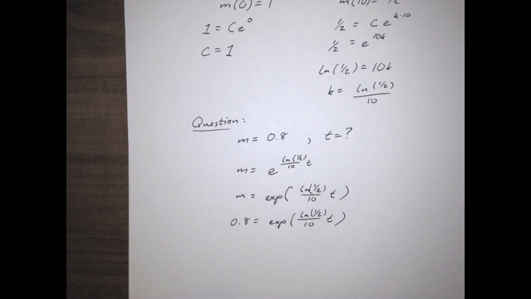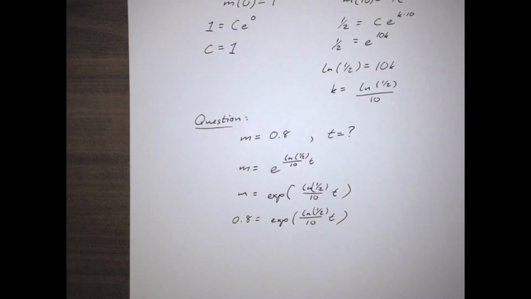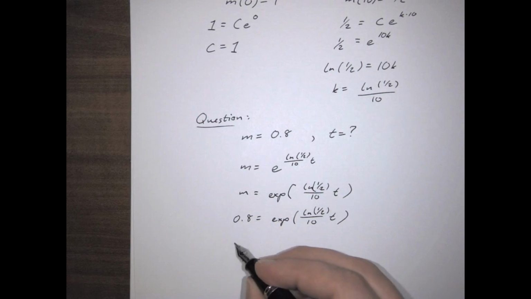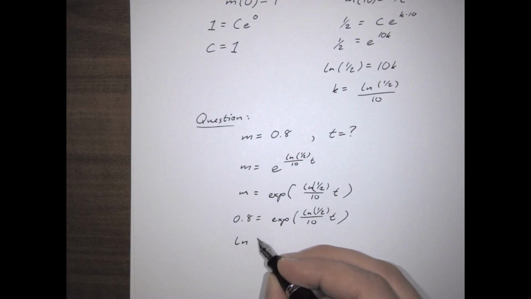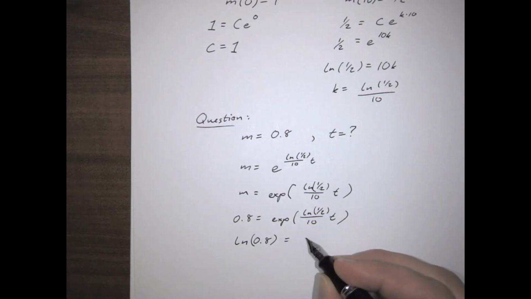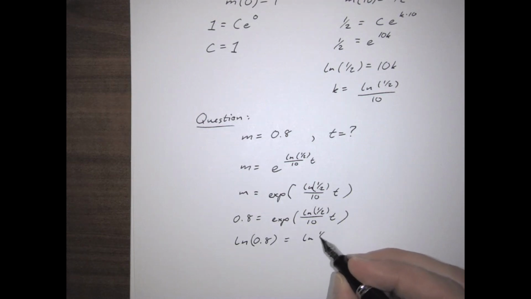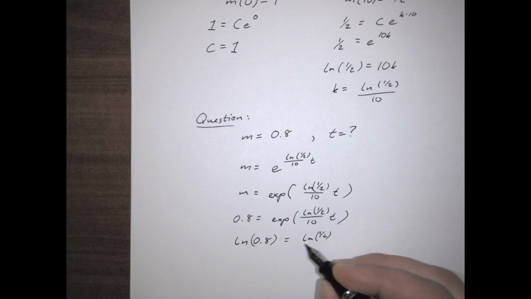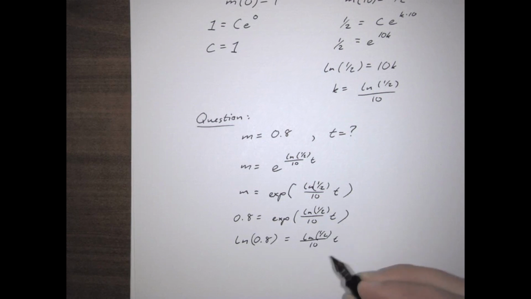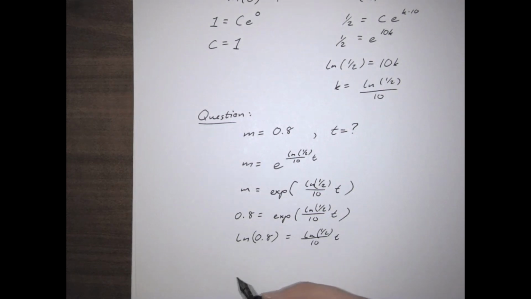And we just solve this by, again, taking the natural log of both sides to cancel the e. And to solve that for the t, we would just multiply both sides by the reciprocal.